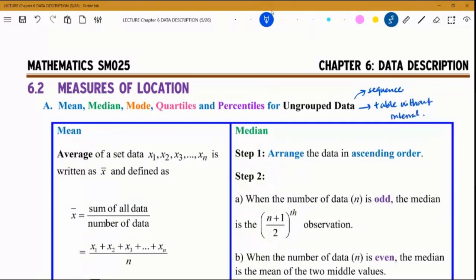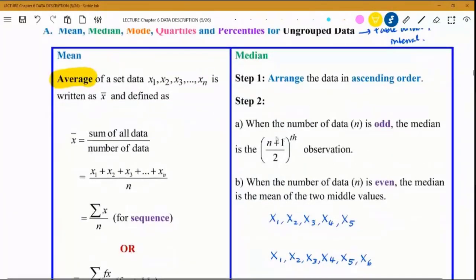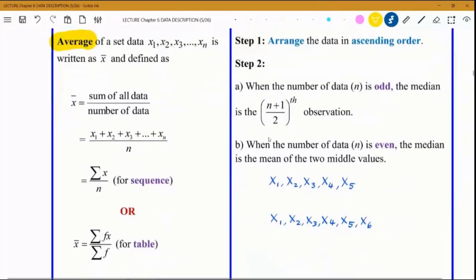I'll put the formula and steps to find mean, median and mode. Starting with the mean, to find the average, we have the formula. I'll put the formula for both the sequence and the table. This one is for the sequence, and here is for the table.